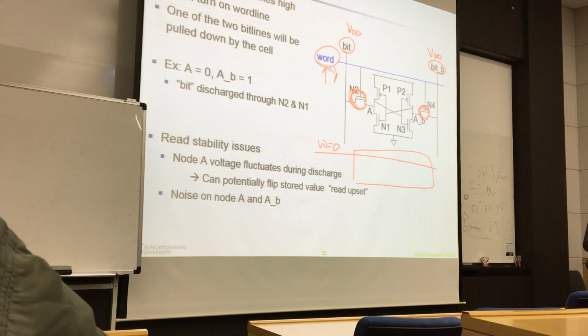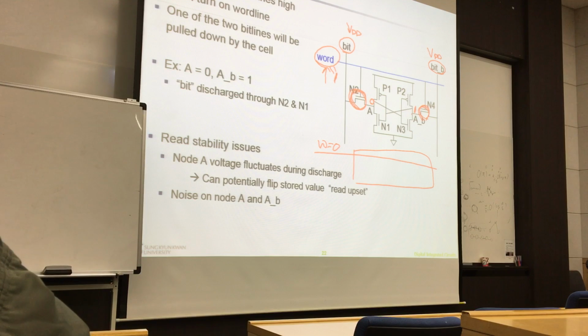So that you turn on these MOS transistors here. Now what's happening is, if you are storing 0 and 1 here, then this bit line will be discharged through this N2 and N1. Whereas, because this node is driven high, there will be no current flowing through this access transistor, right?